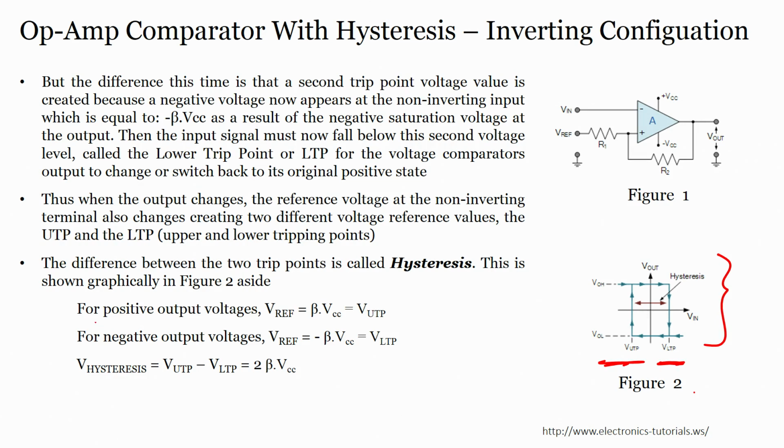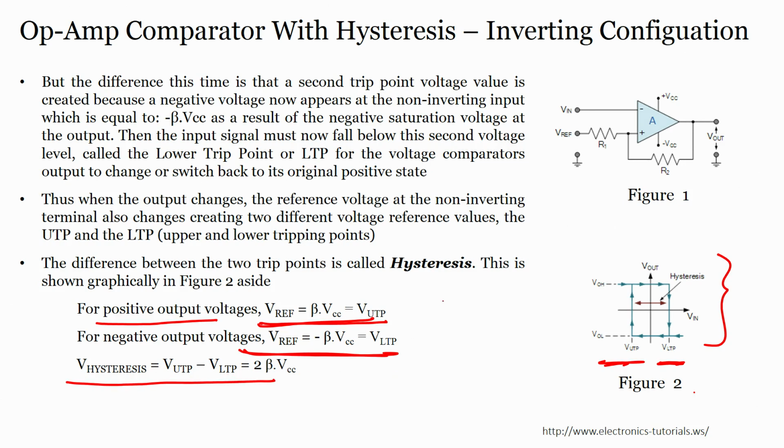So, for positive output voltages, Vreference is beta times VCC, and for negative output voltages, Vreference equals minus beta times VCC. So, hysteresis is nothing but VUTP minus VLTP.